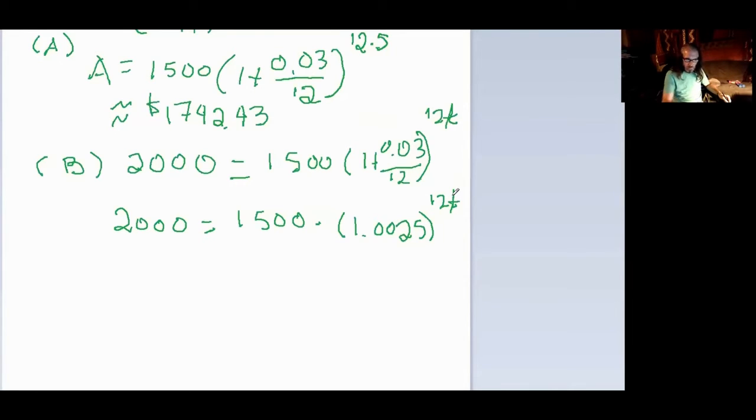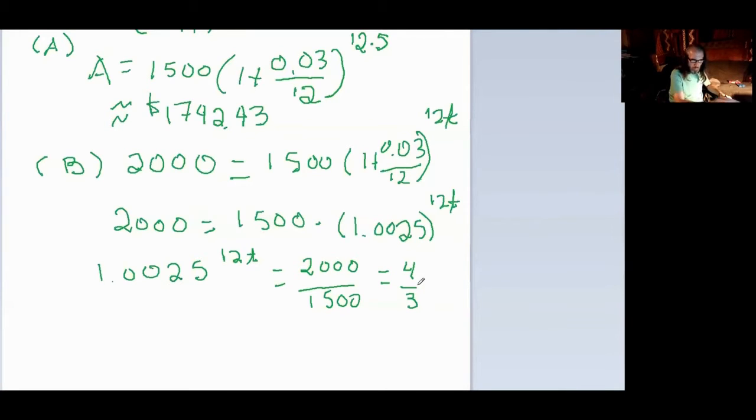We're going to have to isolate that 1.0025 to the 12t. 1500 is multiplied to it, so divide by 1500. $2,000 over 1500, that's going to reduce to 4/3, dividing top and bottom by 500. So now I'm going to take the natural log of this and of the 4/3.